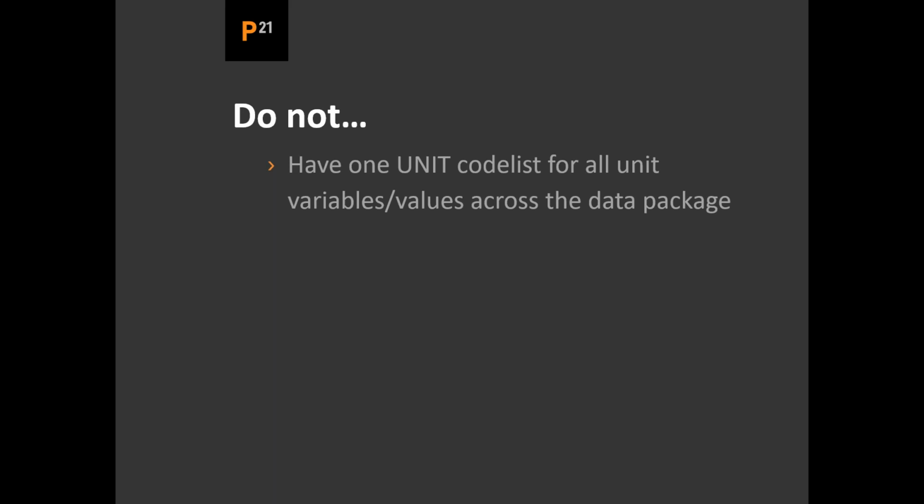So if you had 1 unit for EX dose and 30 units for labs, you'd actually have 2 code lists in your define file. One code list with just 1 value for your dose units, and then a separate code list for your standardized units in labs, which would have the 30 values relevant to labs.